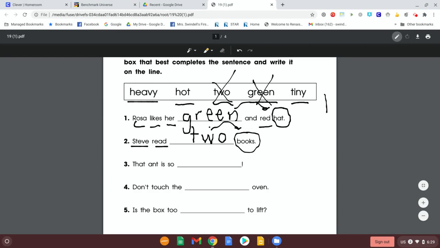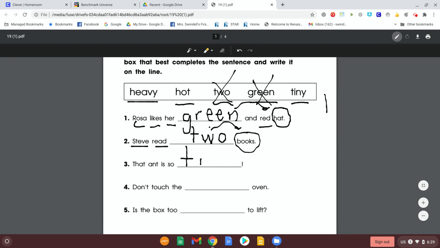Number 3, that ant is so blank. That ant is so heavy? No, I don't think the ant is heavy. That ant is so hot? It could be. Let's see if there's a better answer. That ant is so tiny. I think that one fits the best because ants are quite small.